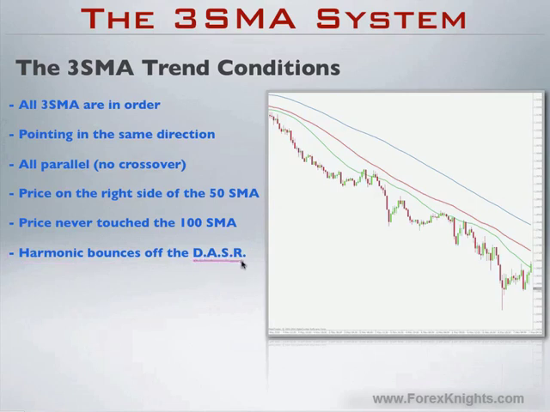But for the time being, I will just say that first of all, the dynamic area of support and resistance is the area between the 30 and the 50 simple moving average. Okay, this band that I am coloring here on my screenshot, that's what I call the dynamic area of support and resistance. Now, why do I call it that?